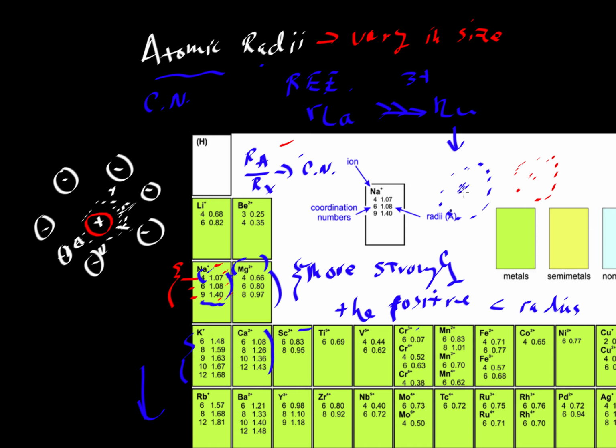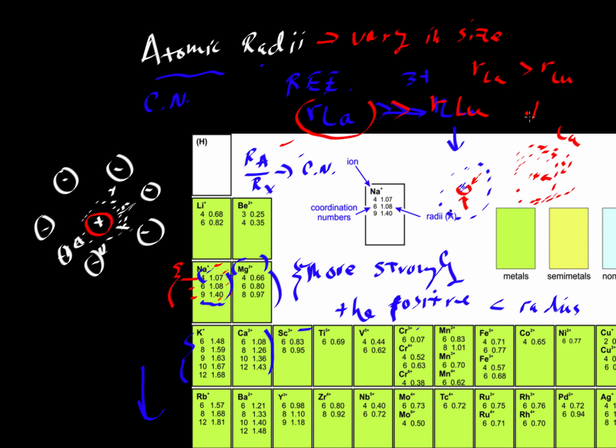If we have more protons in the center of this atom, it's going to pull those electron orbitals in, whereas if we have fewer positive charges over here, let's say for the case of lanthanum, then there's going to be a less strong electrostatic force between the nucleus and the electron orbital, and that'll cause the atom to be a little bit greater. If the electrons are not as strongly bound by the nucleus, then they can occupy a greater space. And that would be why the radius of lanthanum is greater than the radius of lutetium. We can write that a little bit better: radius of lanthanum greater than the radius of lutetium.